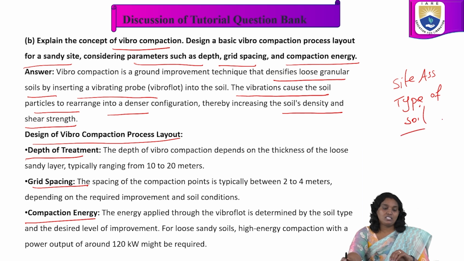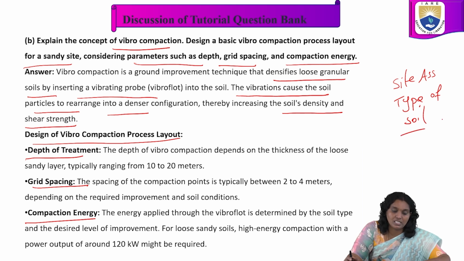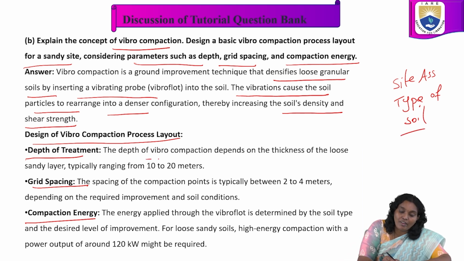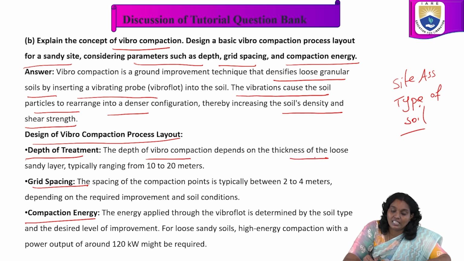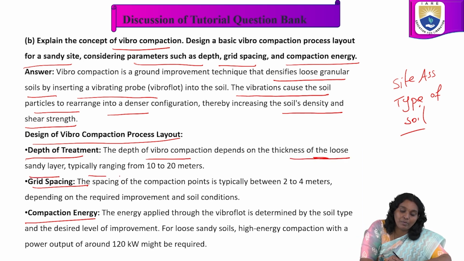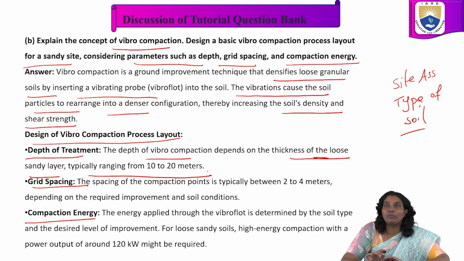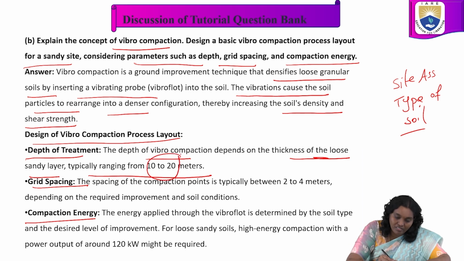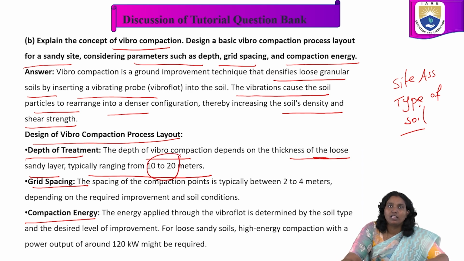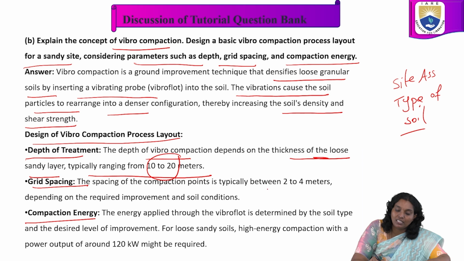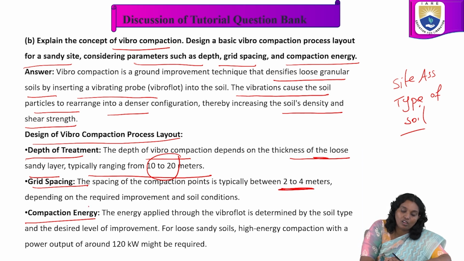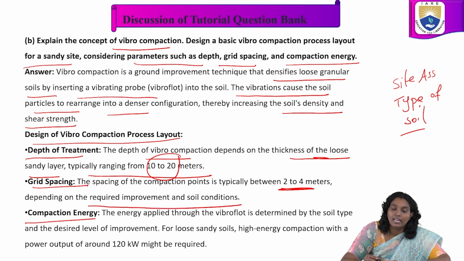According to this, in the design of the vibrocompaction process layout, the depth of vibrocompaction depends on the thickness of the loose sandy layer, typically ranging from 10 to 20 meters. The grid spacing for compaction is typically 2 meters, depending on the required improvement and the soil condition.